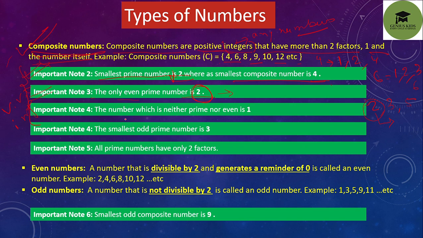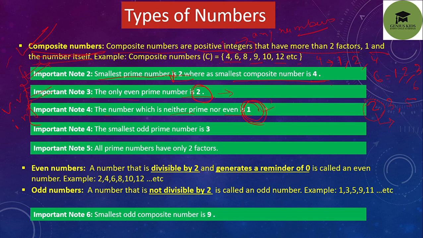Okay. Important note 4: the number which is neither prime nor even is 1. Why is it not prime? Because the rule for prime is that the number should be divisible by 1 and the number itself.